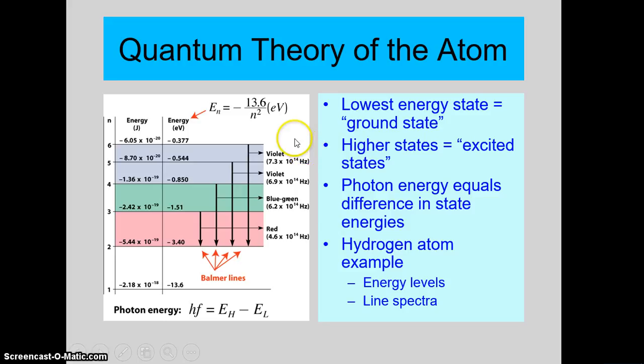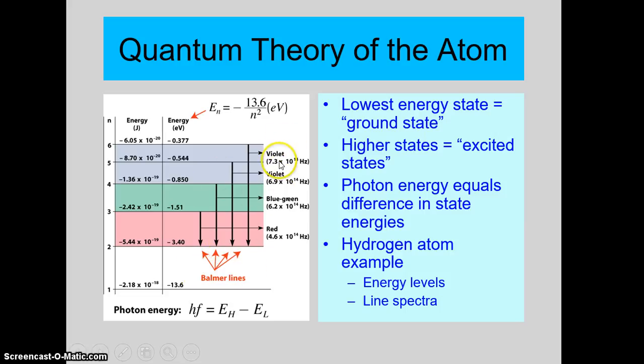This is showing you the different transitions. So if you did, for example, n equals 6 to n equals 2, you would get this frequency. If you went from n equals 5 to n equals 2, you would get 6.9 times 10 to the 14th hertz. What's special about the Balmer series is that these are part of the visible spectrum.